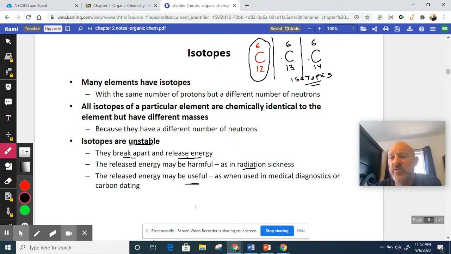All right, so this radioactive material is found in rocks, and by determining the percentage of radioactive isotope carbon-14 in a rock, it tells us within a pretty good range, within 5,000 years or so, the age of that rock. And if we could determine the age of a rock, give or take 5,000 years, that's pretty good.